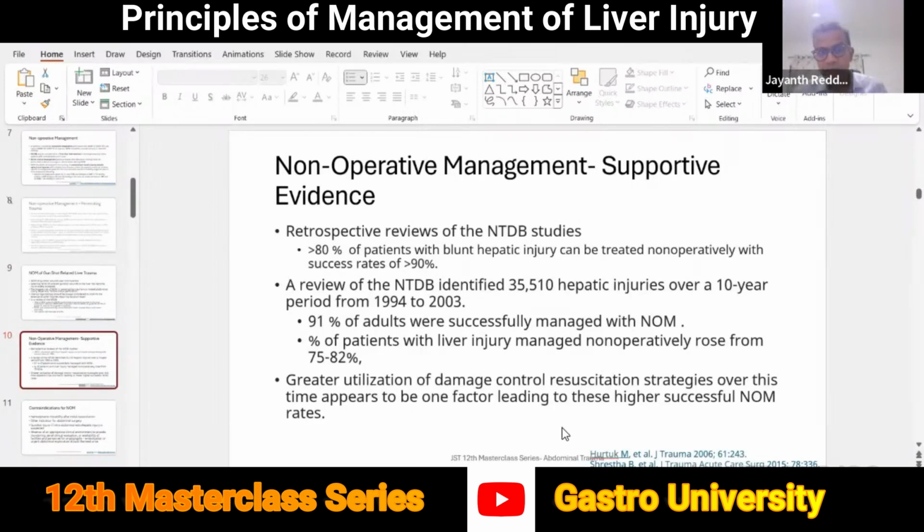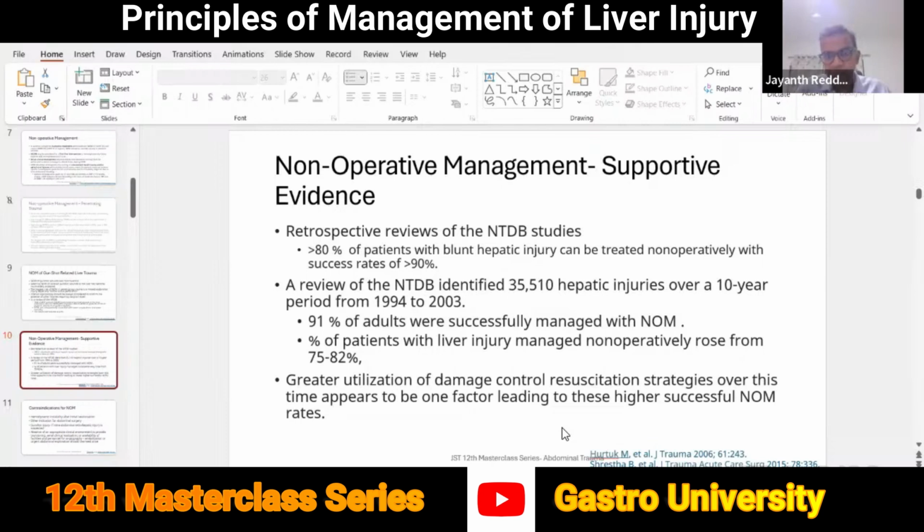A retrospective review, and this is basically data to support the use of non-operative management in liver trauma, showed that more than 80% of patients with blunt liver injury can be managed non-operatively with successes of more than 90%. And a large review of the same data bank, over a 10-year period, showed that 91% of the adults could be managed non-operatively.